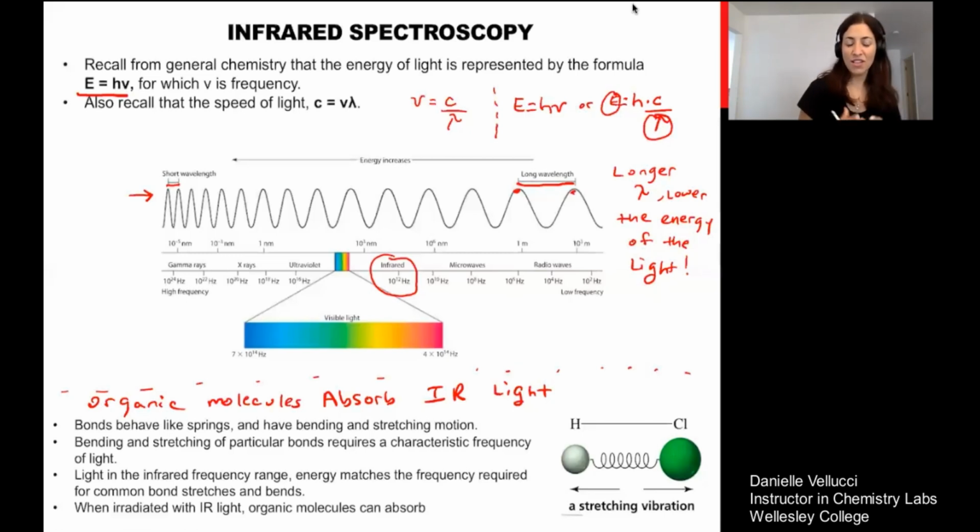It turns out that energy perfectly matches the energies of light that we find along the infrared region of the spectrum. So if we irradiate an organic molecule with light, it will absorb very specific wavelengths of that light depending on what bonds the molecule has and how they're vibrating or stretching.